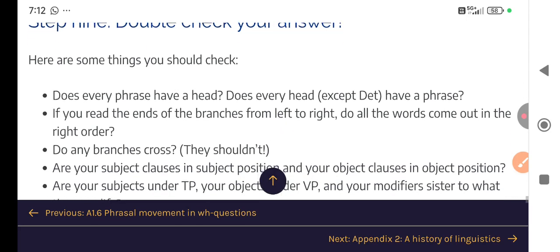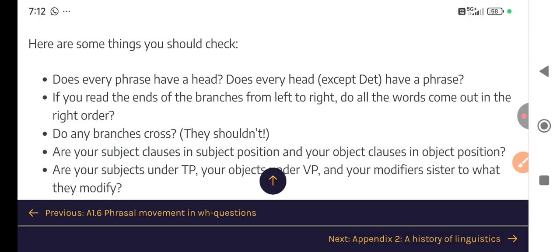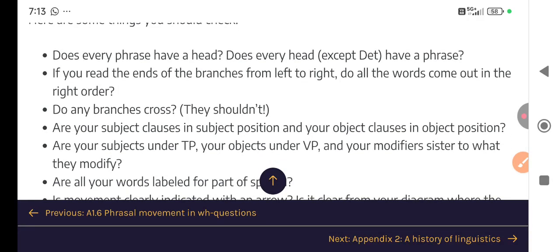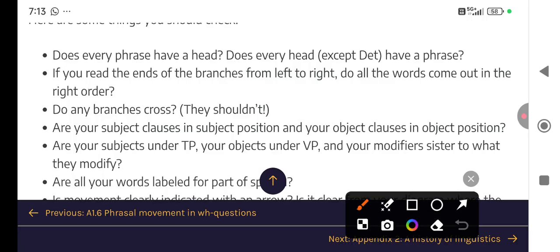Ninth step. Here are some things you should check. Does every phrase have a head? Does every head except determiner have a phrase? Means every phrase has a head and every head has a phrase.